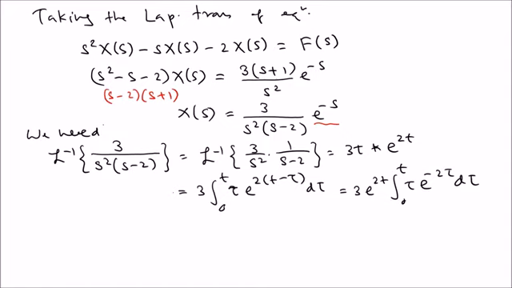And then we can integrate this one using the DI method again. So we have tau e to the negative 2 tau, then 1, 0, 1 half e to the negative 2 tau, and then we need one more, so it is 1/4 e to the negative 2 tau.